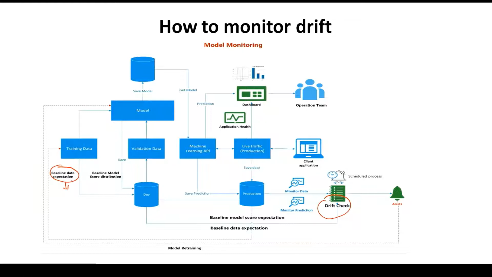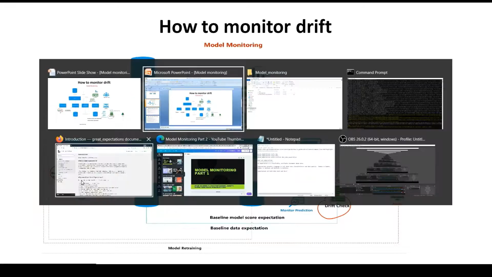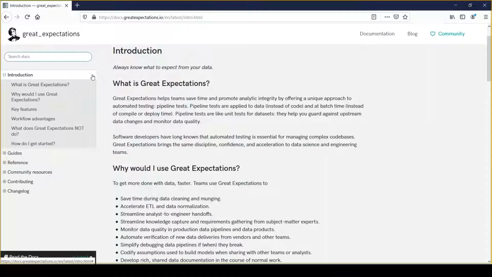And expectation is nothing but a way of providing the expected behavior of my data, right? In order to achieve that requirement, I will be using the Great Expectations package, which has lots of features around creating data expectation and performing validations, raising alerts, all those sorts of things.